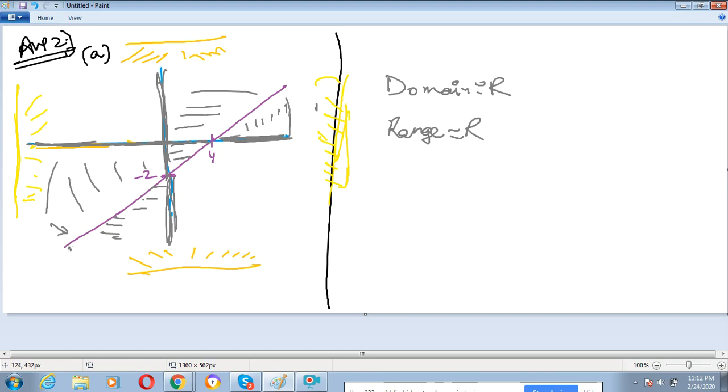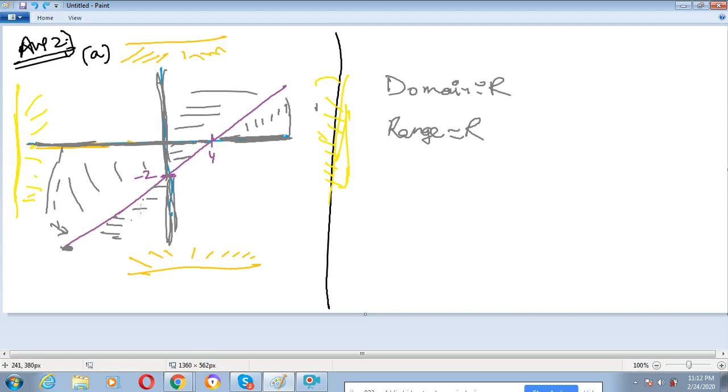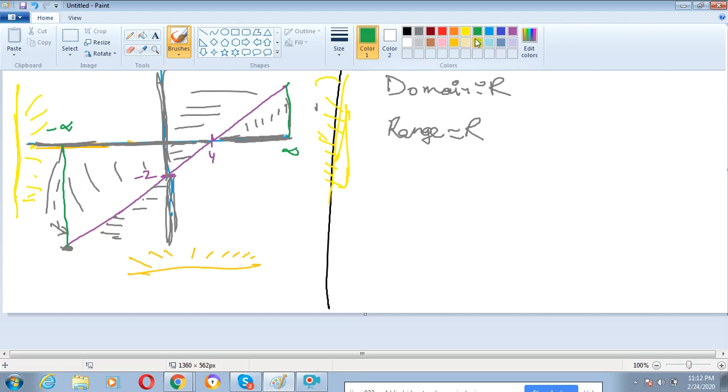If you take the first point and last point and drop the perpendicular on the x-axis, you get minus infinity to infinity.